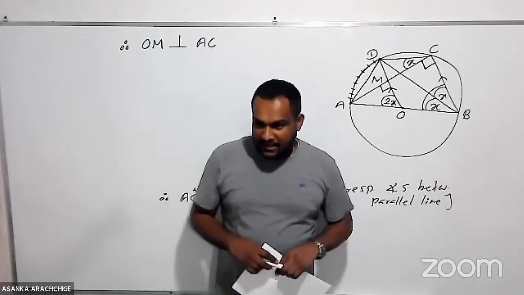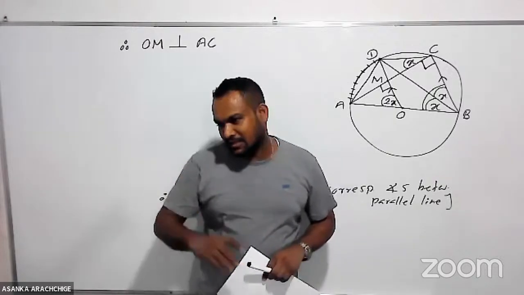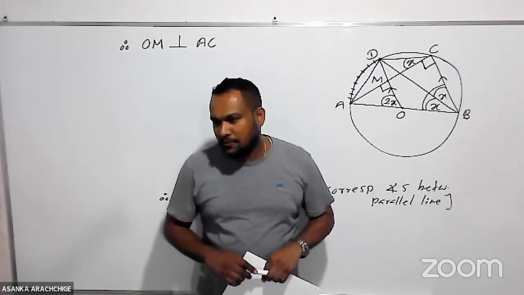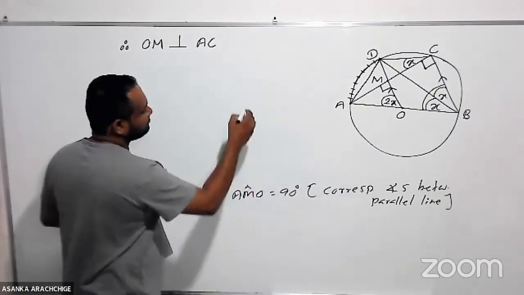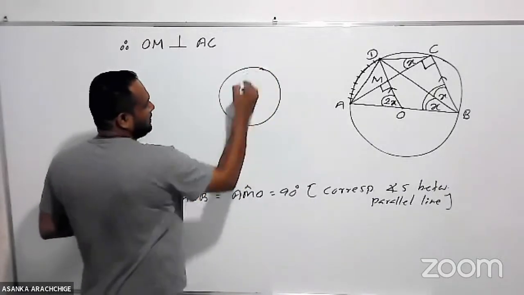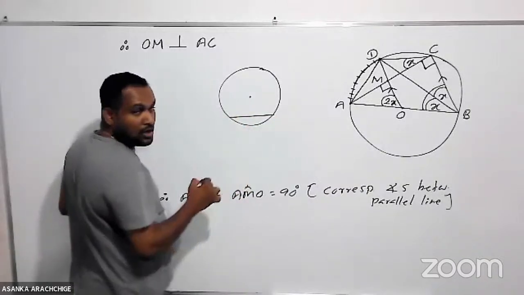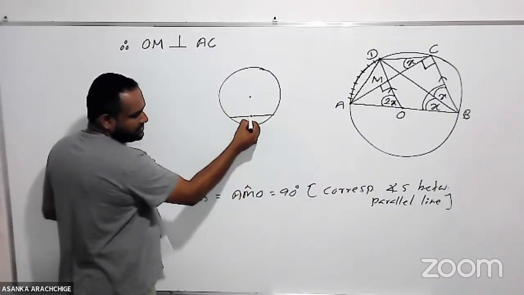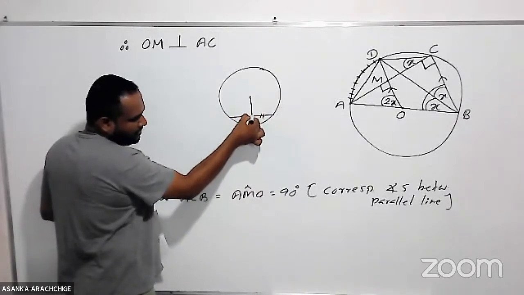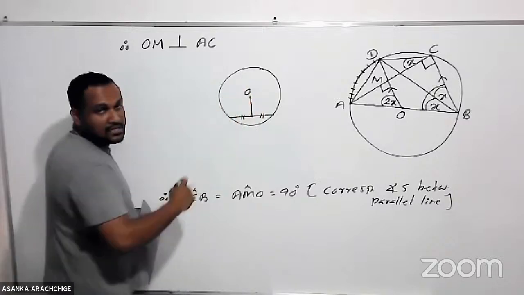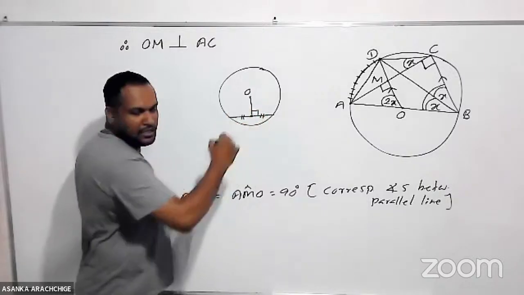The straight line joining the center of a circle to the midpoint of a chord is perpendicular to the chord.